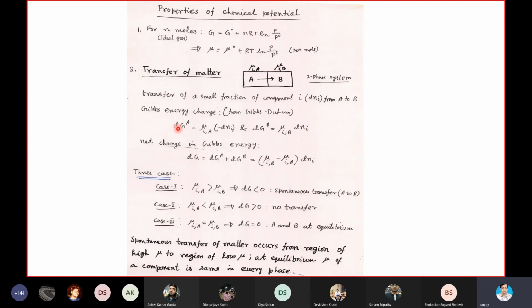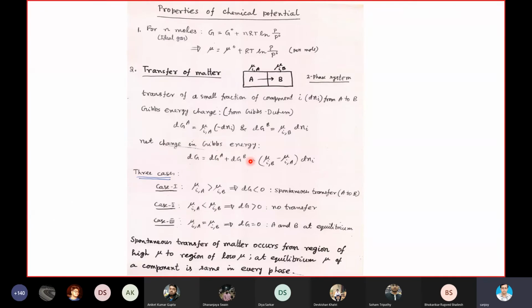The Gibbs energy change for phase A is simply minus mu iA dNi, because this has been transferred to the other side. For the second phase B, it will be simply the addition of that component. The ith component has come to phase B from A, so this is its change in Gibbs energy.